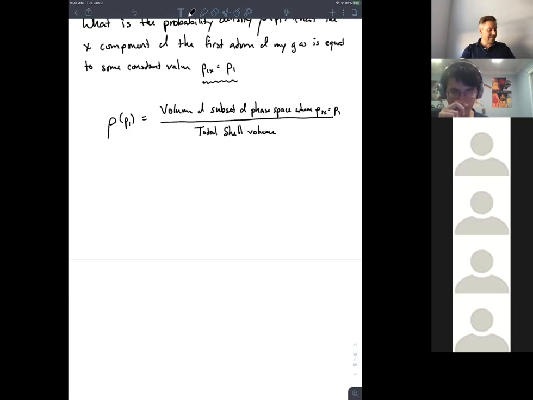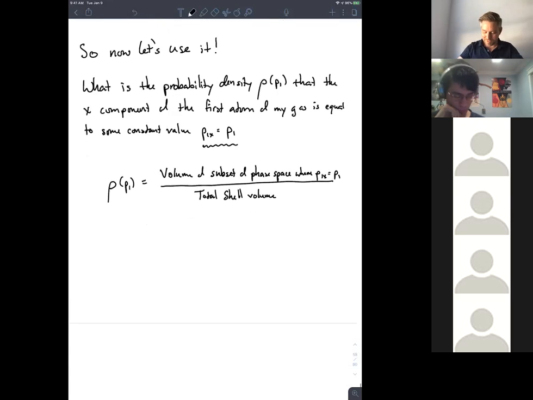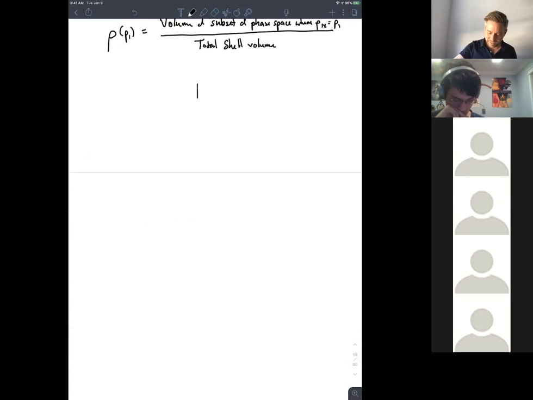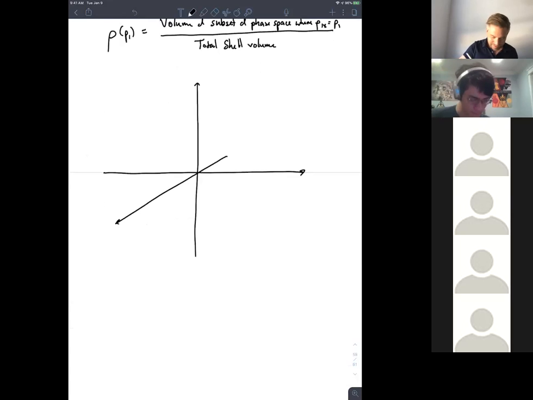All right, so let's go back to thinking about one atom, the one that we're going to measure the x component of its momentum. How convenient. The phase space of one atom is going to look like we drew previously, in three-dimensional space.